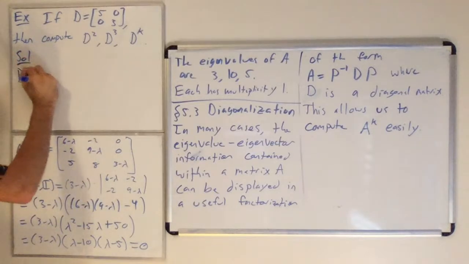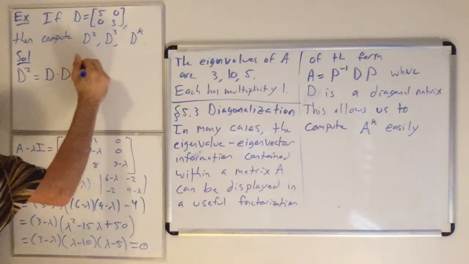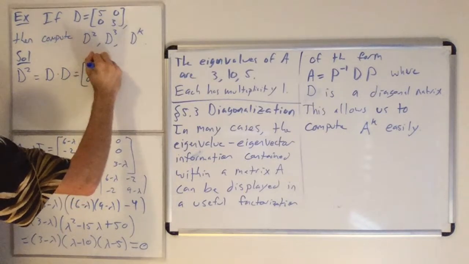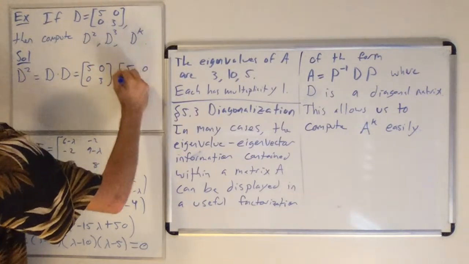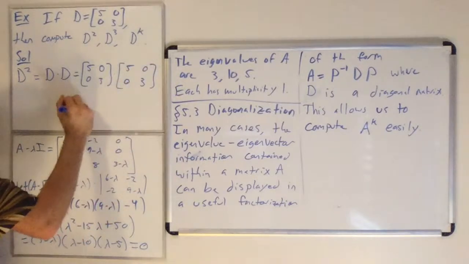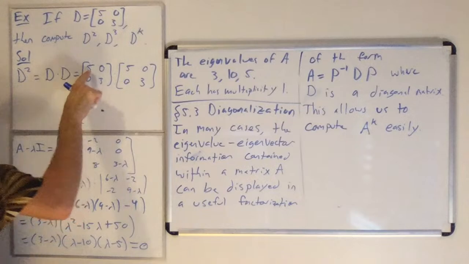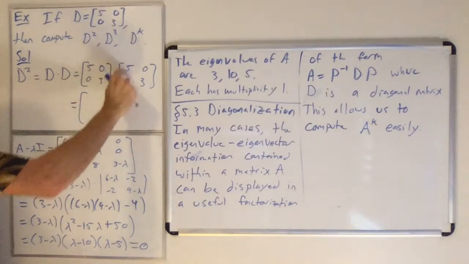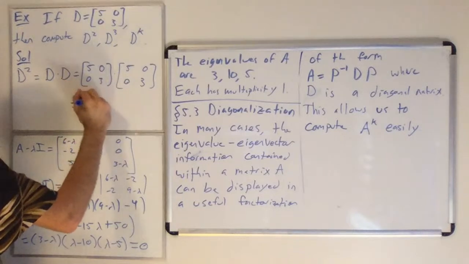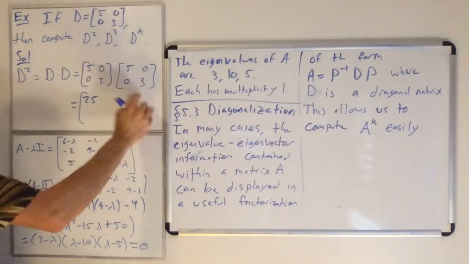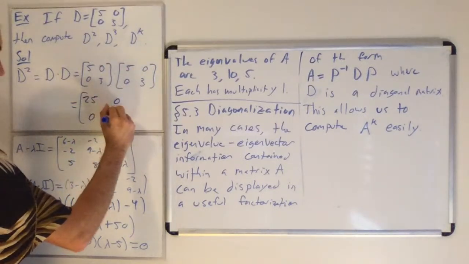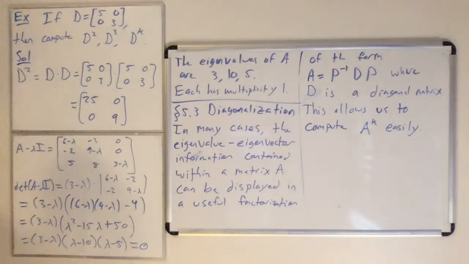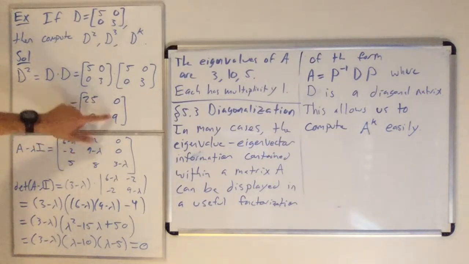So D squared is equal to D times D. So this first multiplication would be 25 plus 0, 0 plus 0, 0 plus 0, 0 plus 9. Okay, so D squared is the matrix 25, 0, 0, 9.